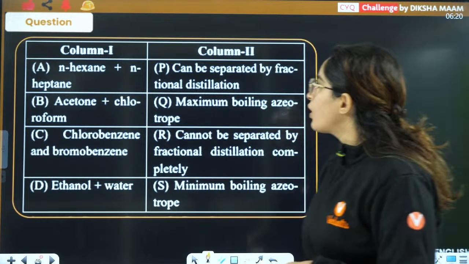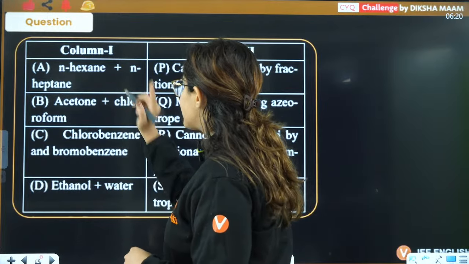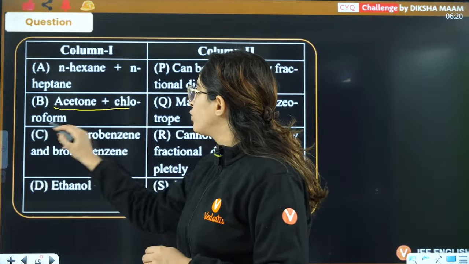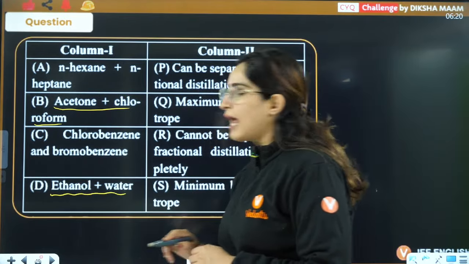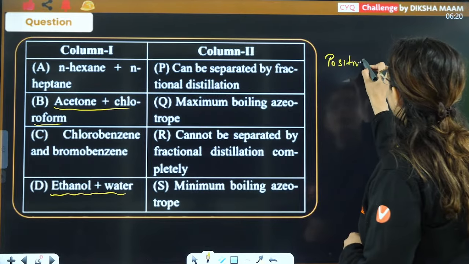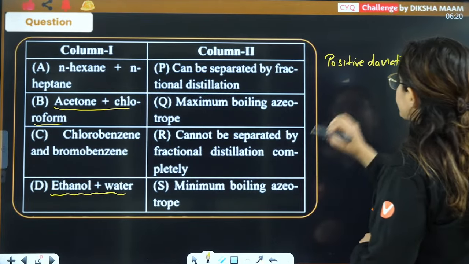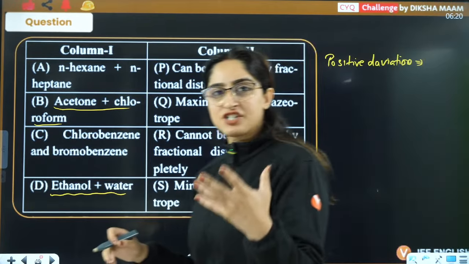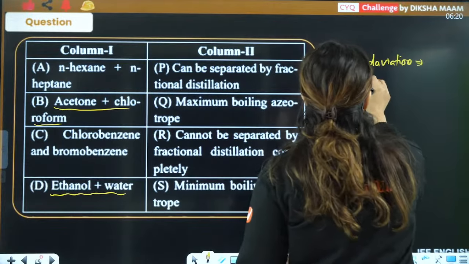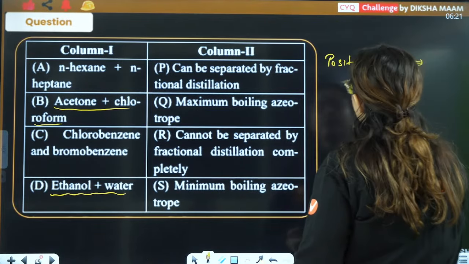Okay, so if you see this here, this is an ideal solution. This is also an ideal solution. Then you have acetone and chloroform, and here you have ethanol and water. Now understand one thing, whenever you talk about positive deviation, interactions should be decreasing, right?